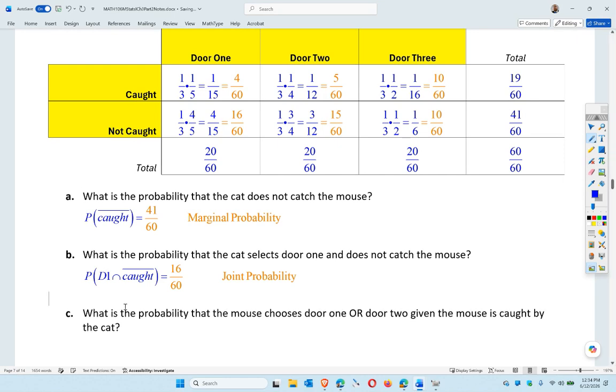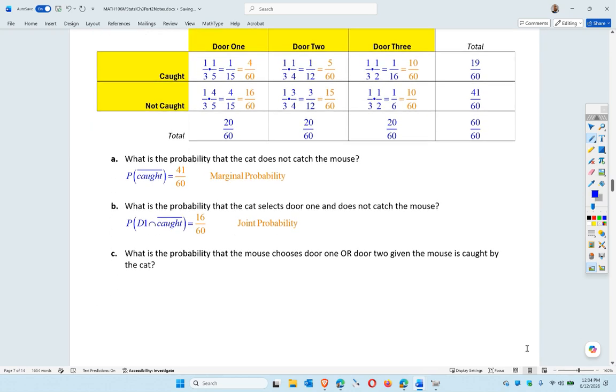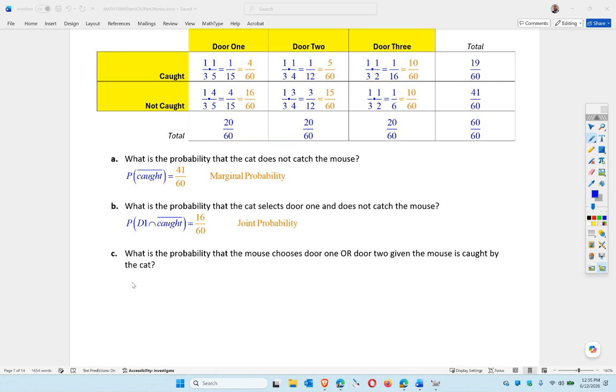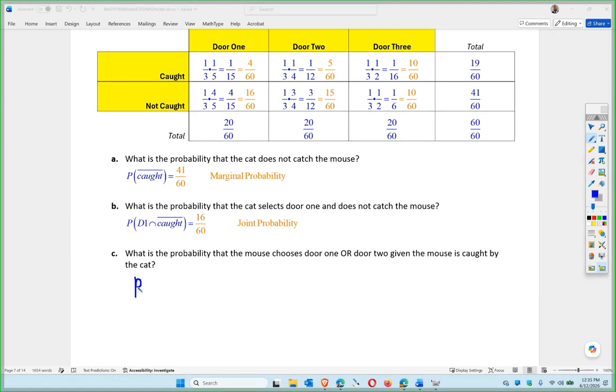Okay, this one's an interesting one. Let me make it a little bit smaller here. There we go. Okay, so we want door 1 or door 2, given they were caught. Oh, I'm sorry, I read that wrong.